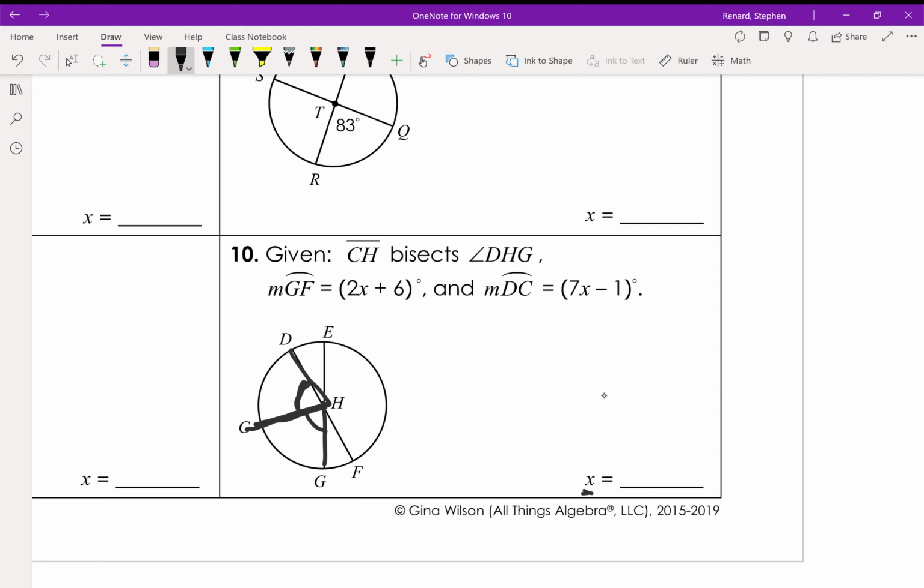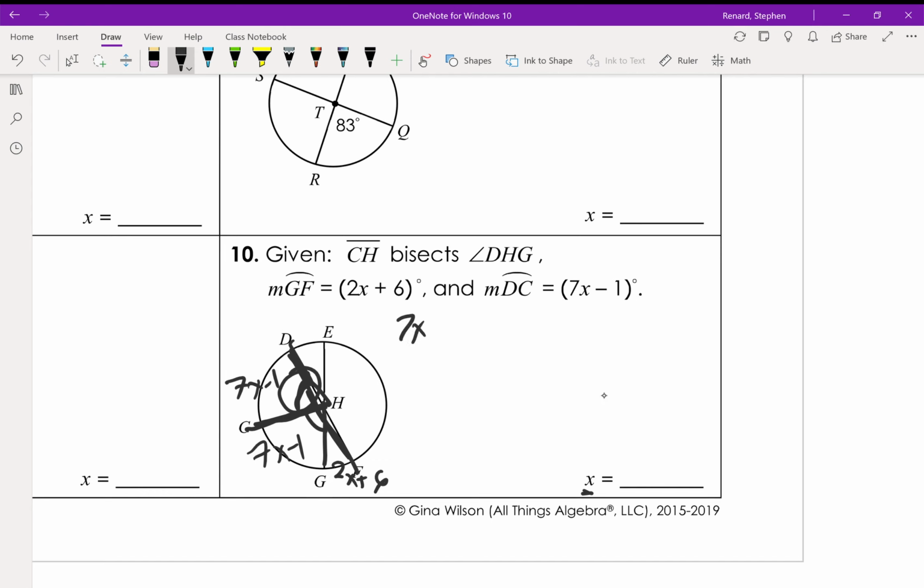We know that G to F is 2x plus 6, and that D to C is 7x minus 1. Well, we were told that this bisects this, so this has to be 7x minus 1 as well. We know that the three of these together have to add up to 180 degrees.